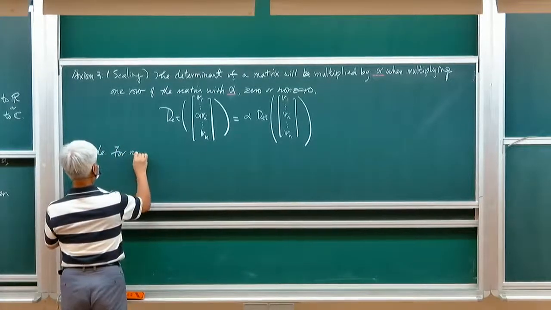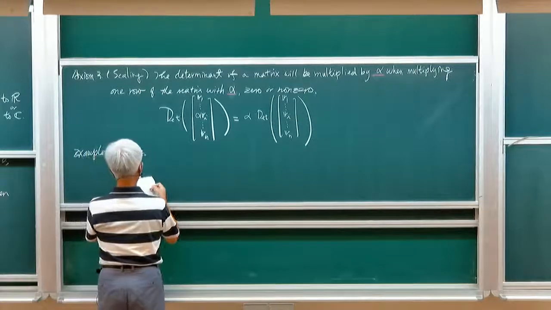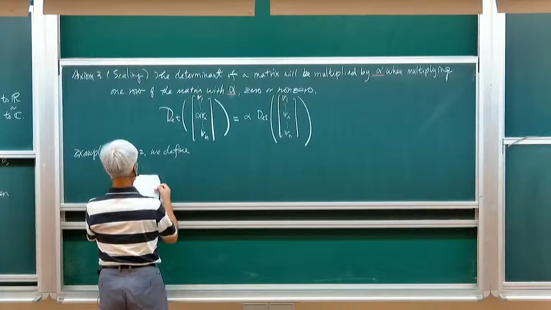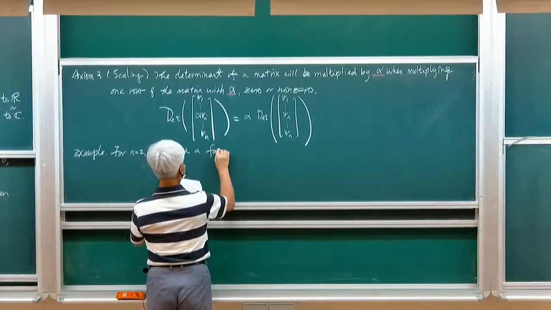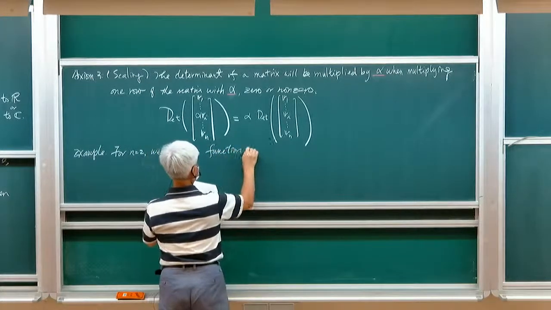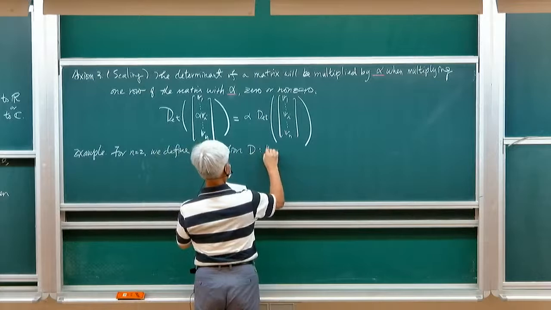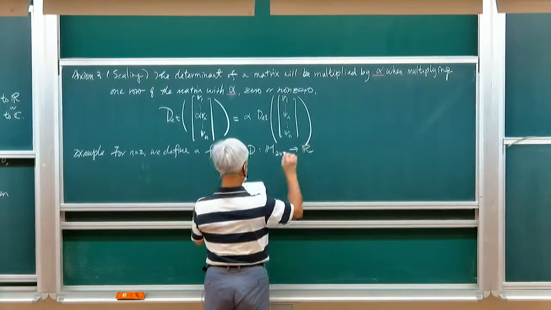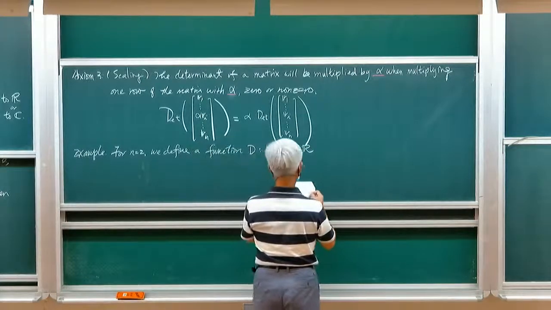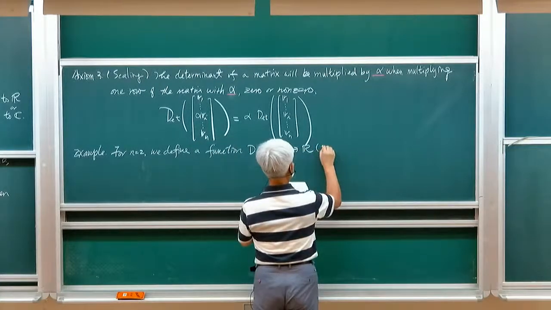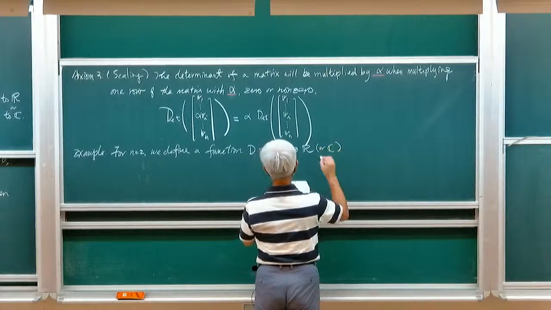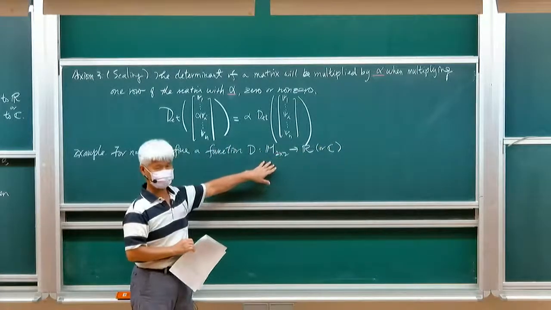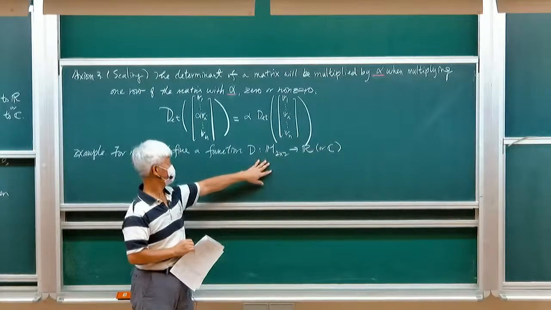Okay, for n equal to 2, we define a function D from 2 by 2 matrices to R. We define a function from the vector space of all 2 by 2 matrices.